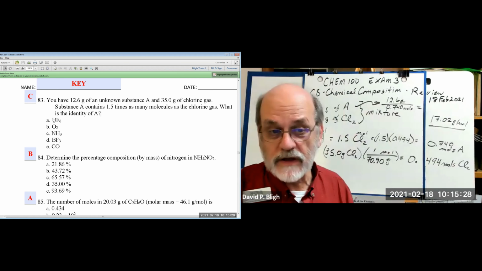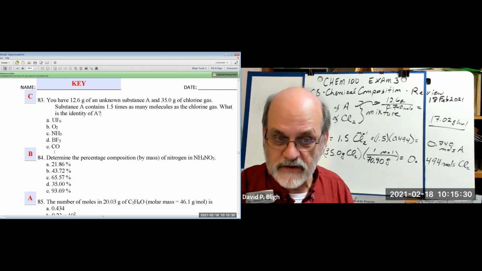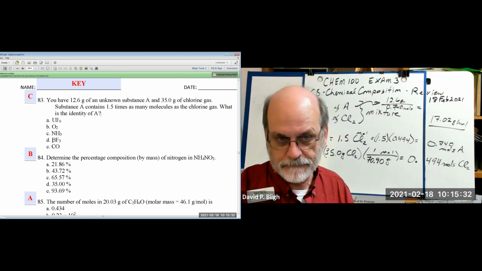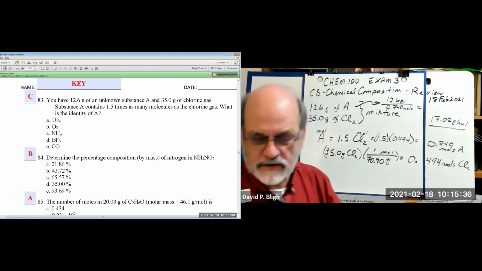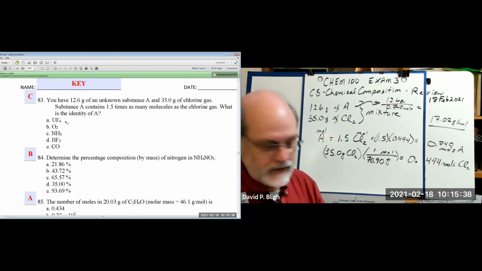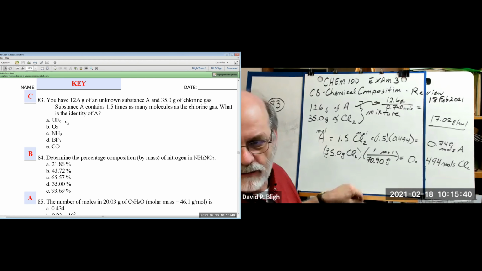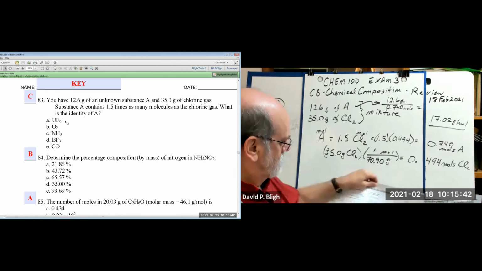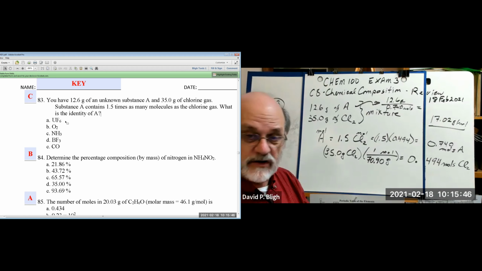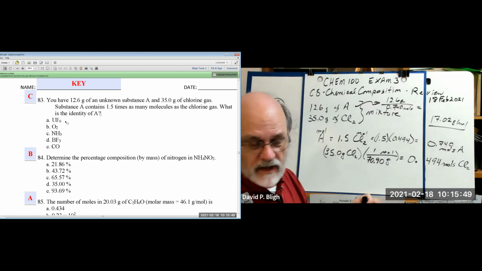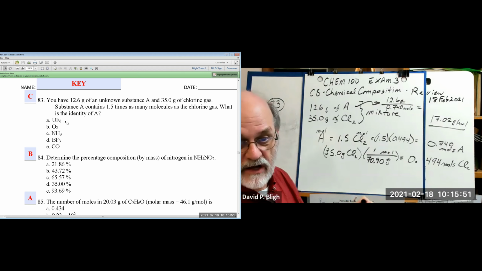So we know that's the molar mass. Now all we have to do is calculate the molar masses of each of these and compare them. Well, how do you do that? Well, you just add them up, uranium and 6 fluorines. Let's do them one at a time. We can eliminate these without having to do complete molar mass calculations.